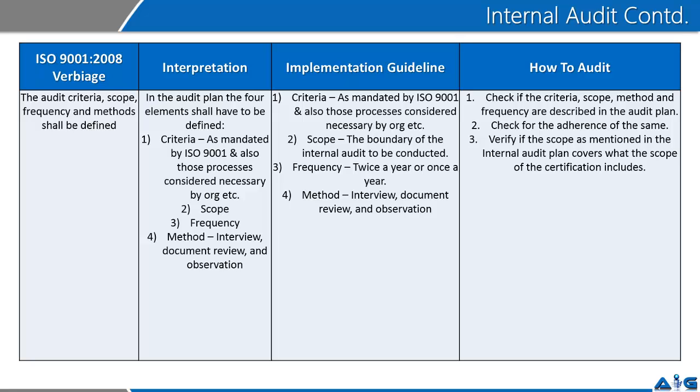You can't have 3 sites being certified for ISO 9001 while your internal audit only takes care of 1 site. That would not be considered the best way to do it. So you must verify if the scope as mentioned in the internal audit plan covers what the scope of the certification includes. I will continue with the other parts of the internal audit in the next video.